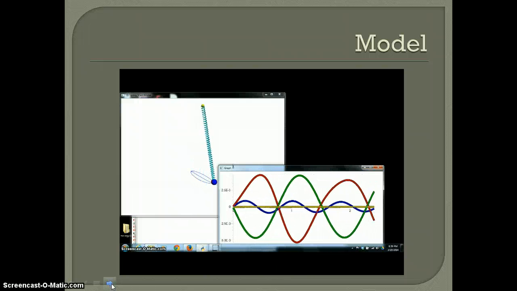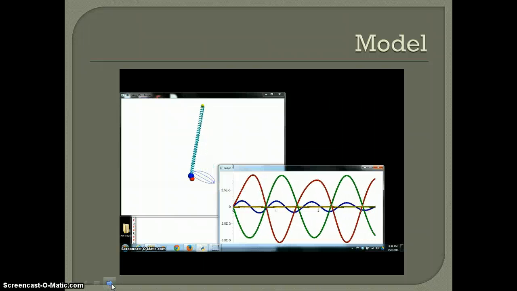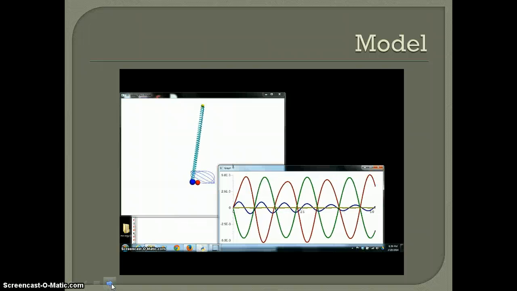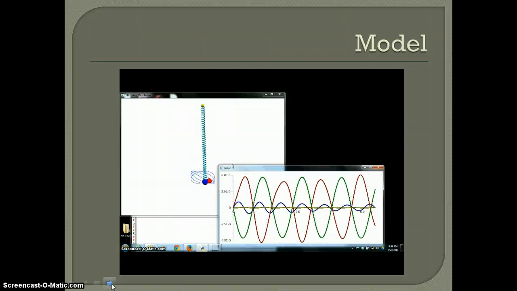In the graph on the right, we observe the oscillation of delta K, the change in kinetic energy, the change in gravitational potential energy, and the change in the spring energy, or spring potential energy.